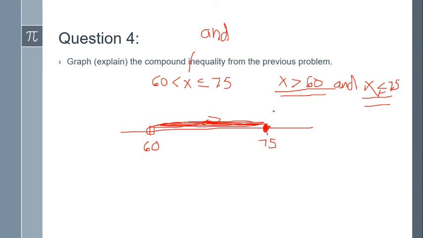So then we'd cut off the tails at the end, and this is how I would graph this inequality. It'd be an open circle at 60, and then a closed circle at 75, connected with a solid line indicating that all the numbers in between, greater than 60 and less than or equal to 75, are part of the solution set.